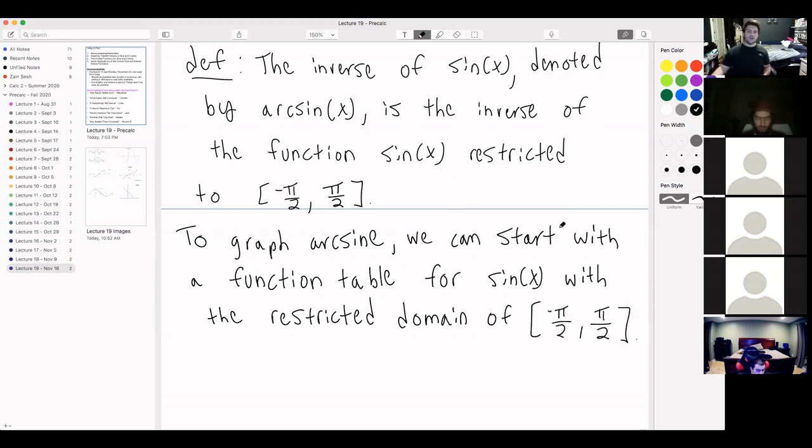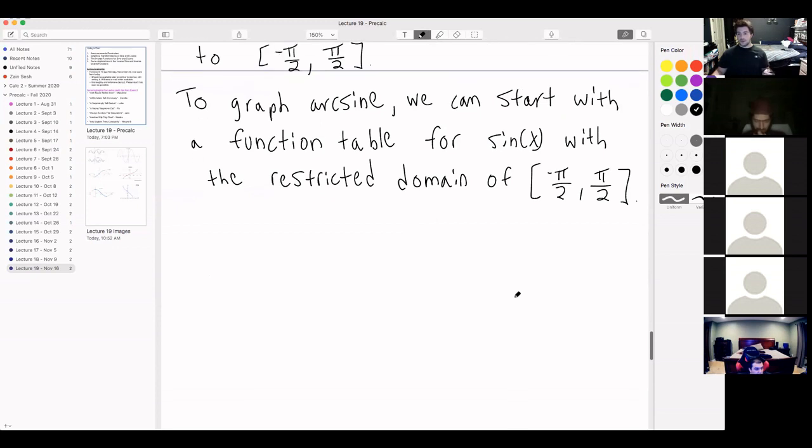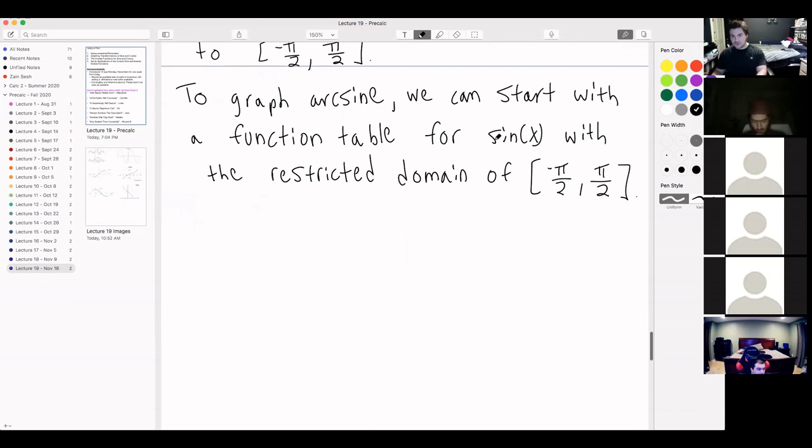So we just look at a function table for sine of x where we're just looking at x values in this restricted domain. Then we know how to get the inverse function table. You just have to swap the outputs with the inputs. Let's first do the table for sine of x on this restricted domain. So this will be x, this will be sine of x.